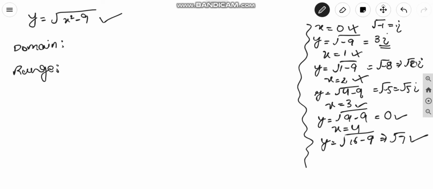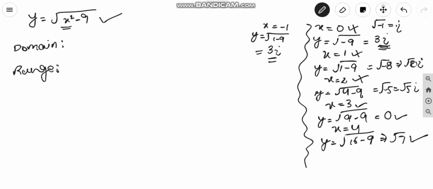The same case holds with the negative numbers. Whenever we put a negative number into our function, because our function has x square, it will make the square of the negative number and again make it positive. So we can conclude the same result for the positive and the negative numbers. So what will be the domain?